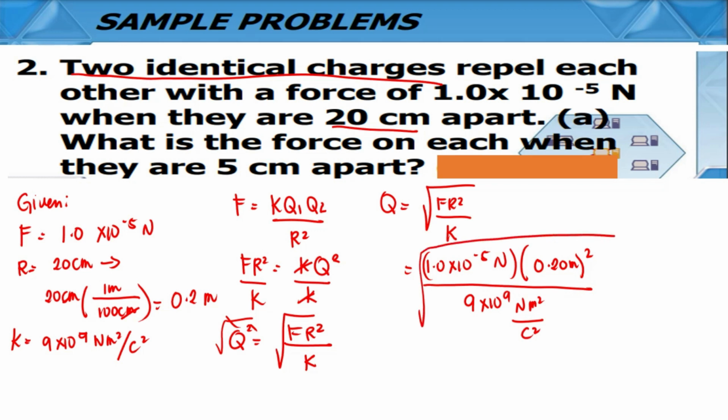So extract square root. For our final answer, the answer will be 6.67 times 10 raised to negative 9 coulomb. So that is our Q answer.